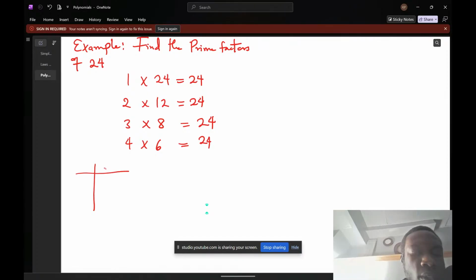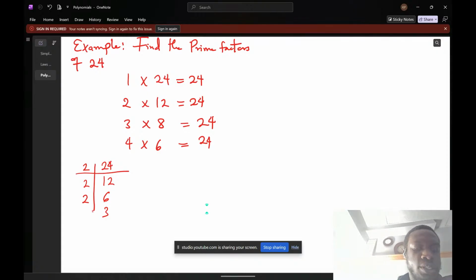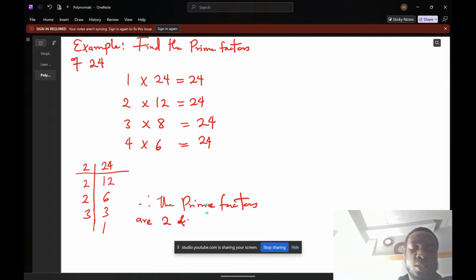So let's do 24 divided by 2 will give us 12, right? 12 divided by 2 will give us 6. 6 divided by 2 will give us 3. And then 3 divided by 3 will give us 1. So therefore, we can say that the prime factors of 24 are 2 and 3. 2 and 3.